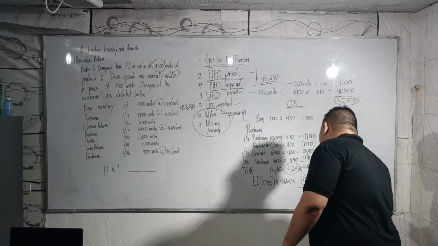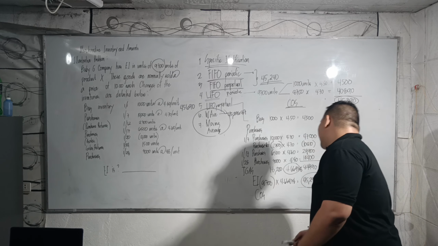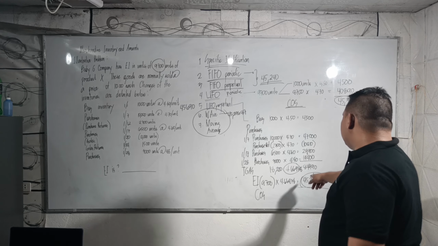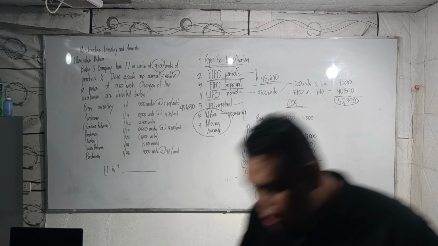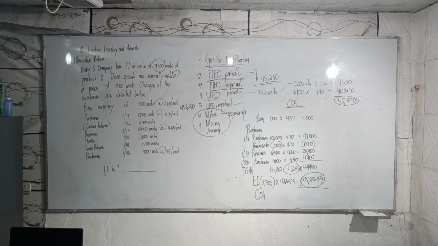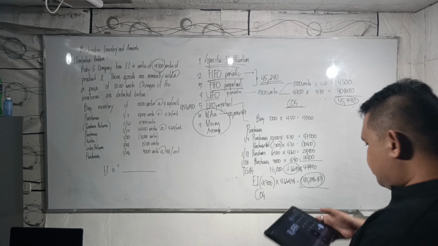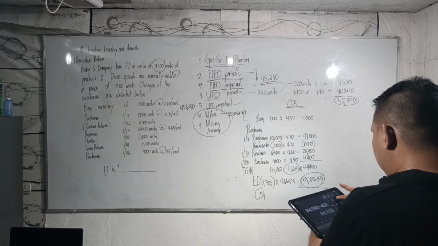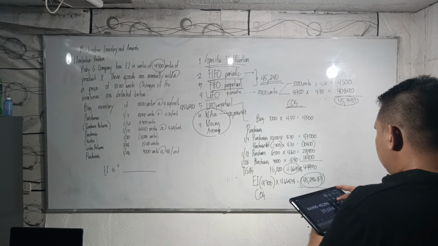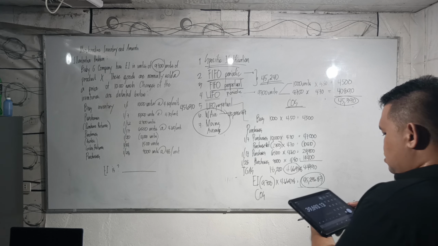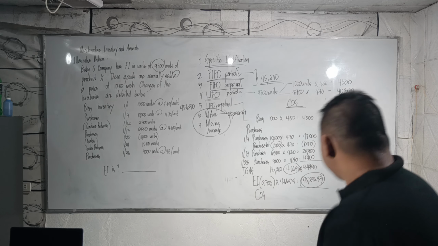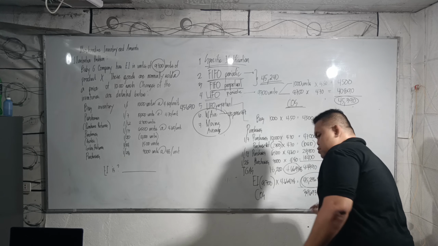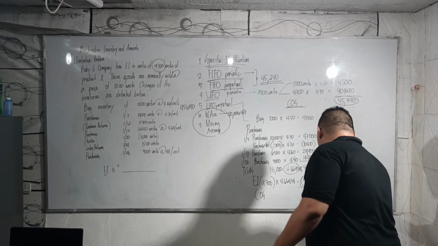And actually, you can get the cost of sales immediately, because after you get the ending inventory, you just have to deduct 84,990 minus 45,296.87. We have 39,693.13.